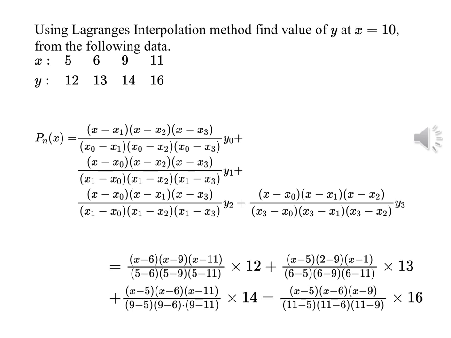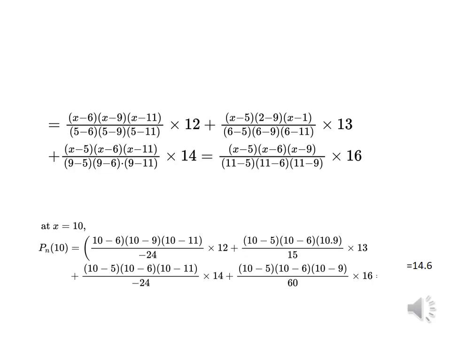Here we are asked to calculate the value for x equal to 10. Now you substitute x equal to 10 into this polynomial. After calculation we get it is equal to 14.6. So this is a method for finding a value in between a particular range if unequal intervals are given.